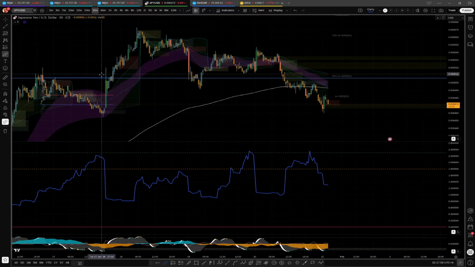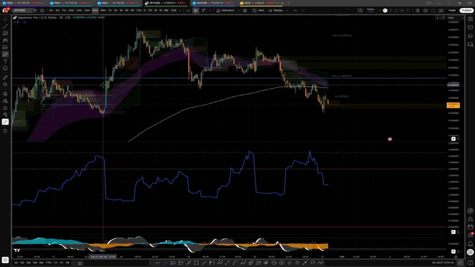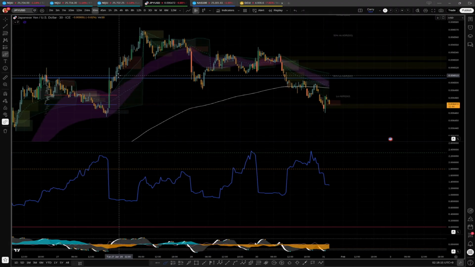So when price is moving up and the indicator is moving down, that essentially means you should be looking for shorts on risk assets like NQ. Contrary, if price is moving down and the indicator is moving up, you should maybe be looking for longs on the NQ. Doesn't mean just long the NQ, but you should be looking for longs, essentially.